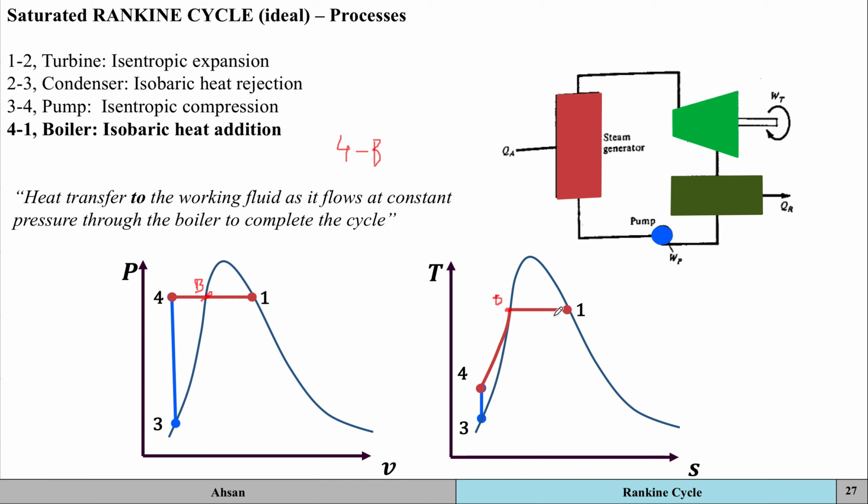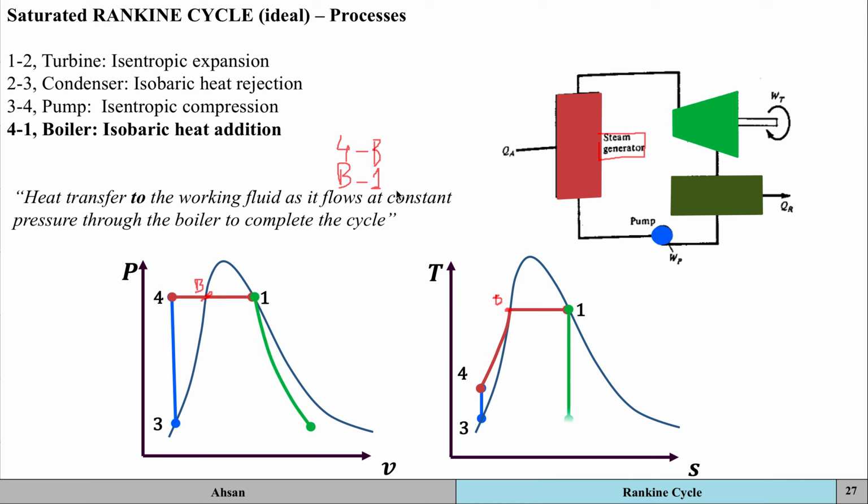And this B to 1 is taking place within the boiler, or it's also called an evaporator as well. So that's why it's called a steam generator, because it has two components. It has an economizer, in which process 4 to B happens, and a boiler, in which process B to 1 takes place.